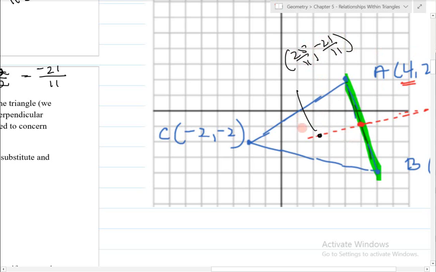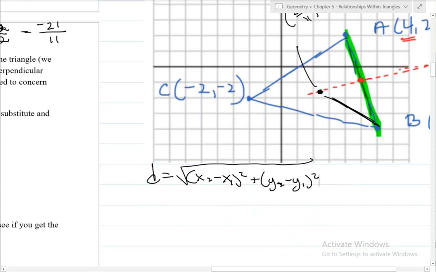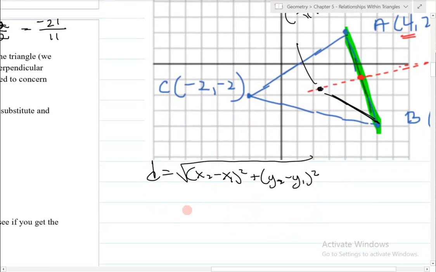If I want to find that distance right there, which is the distance to each vertex, right? That black distance should be the same as that distance, which should be the same as that distance. Do you guys remember the distance formula? The square root of x2 minus x1 squared plus y2 minus y1 squared. Remember doing that? Okay, so I'll just do this math for us real quick.